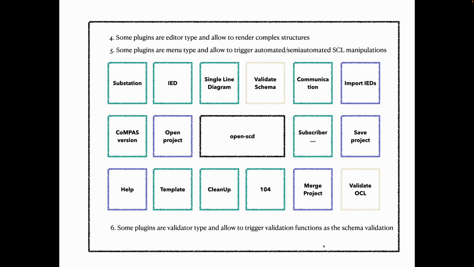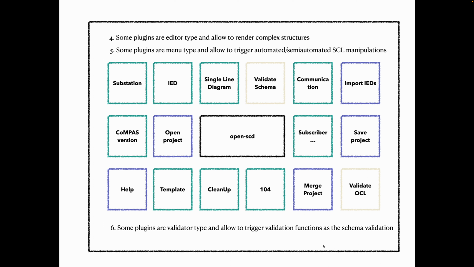And then the last type is validator type plugins that allow you to trigger functionality that is checking for the validity of your project. There are various examples for that. Either like the validate schema. So SCL files are in essence XML files, and there is a schema for them defined in IEC 61850-6, which is basically defining the SCL, and therefore you can validate your project against this schema using various schema validation tools, and there are plenty on the market, and a variety of them are in use.